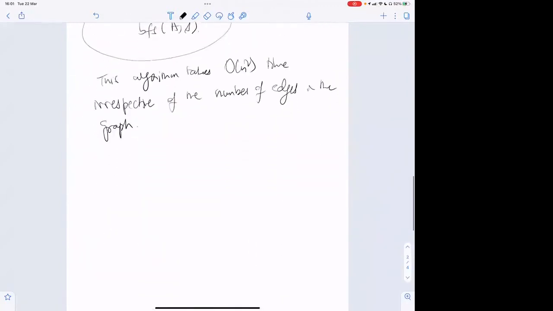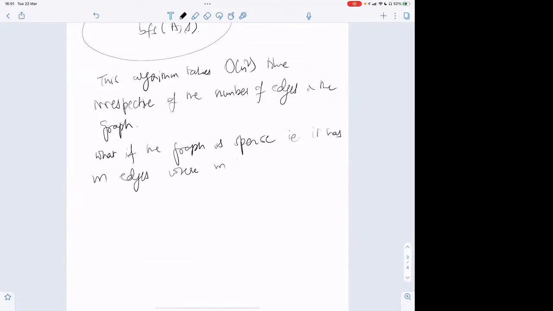But now we say, what if the graph is sparse, correct? So that is, it has m edges where m is much smaller than n squared.